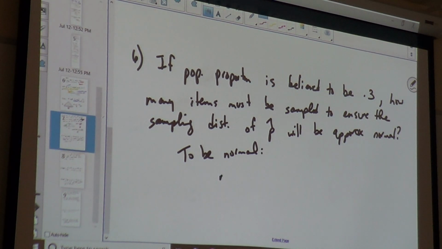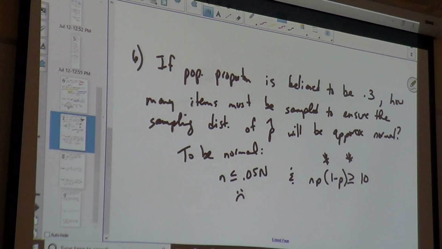To be normal, we've got to use n is less than or equal to 0.05 times big N, and we have to use np and n(1 minus p) greater than or equal to 10. We can't use the first one because we don't know big N. So this is the one we're going to be using. We're trying to find n.